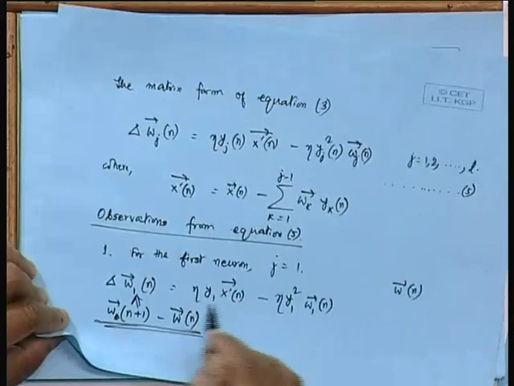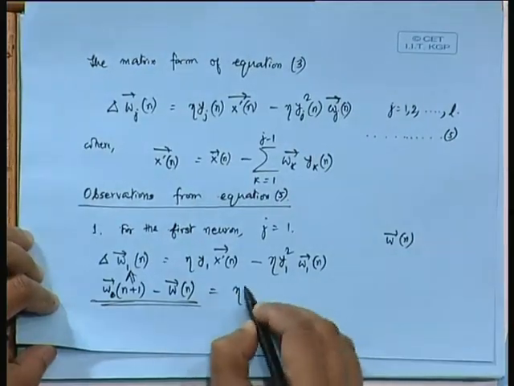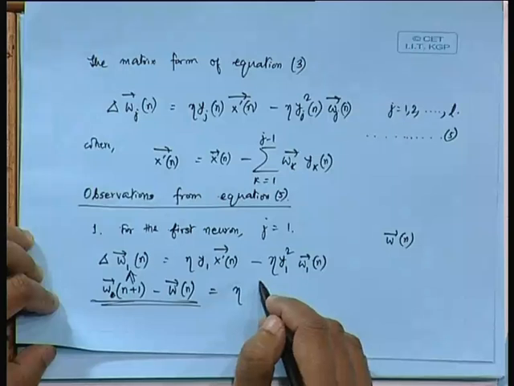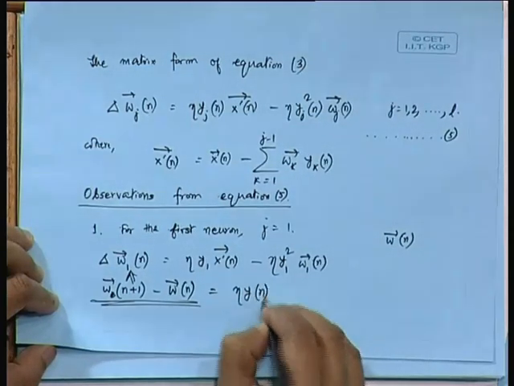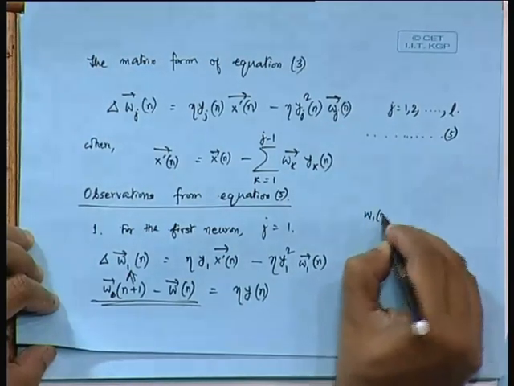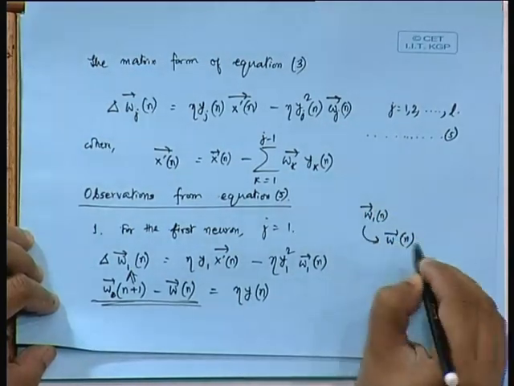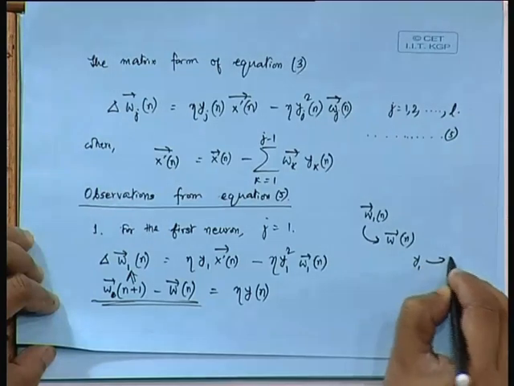So, what we are doing is that this is equal to this eta term. After eta we were having a lot of terms, now we are going to call this eta y. So, instead of w 1 n, we are calling it w n, and instead of y 1, we are calling it y.